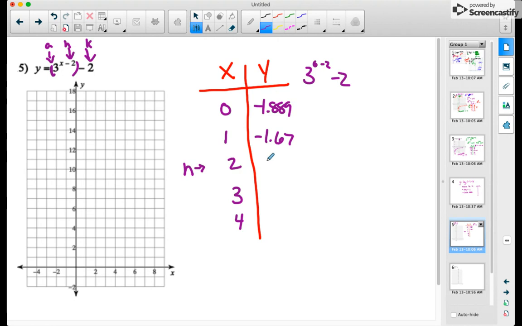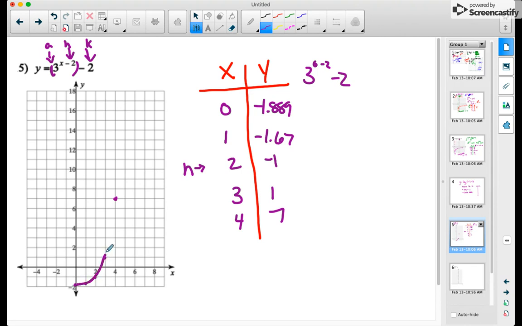And then 3 to the 0th power, 3 to the 1st power, and 3 to the 2nd power. So now I've got coordinates I can graph. Hopefully those coordinates are looking super familiar to you, because they should look a lot like a problem we did in the last video. So 3, 1, and 4, 7.